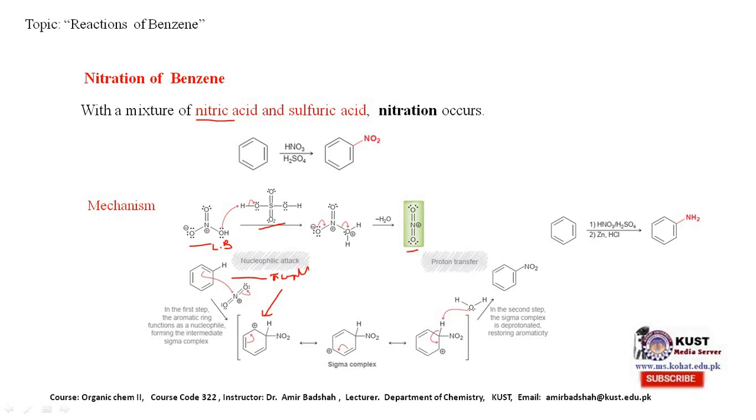When a proper sigma bond is formed between the ring and the electrophile, the positive charge appears on the adjacent carbon, and this positive charge is then spread over the whole ring through the delocalization process.